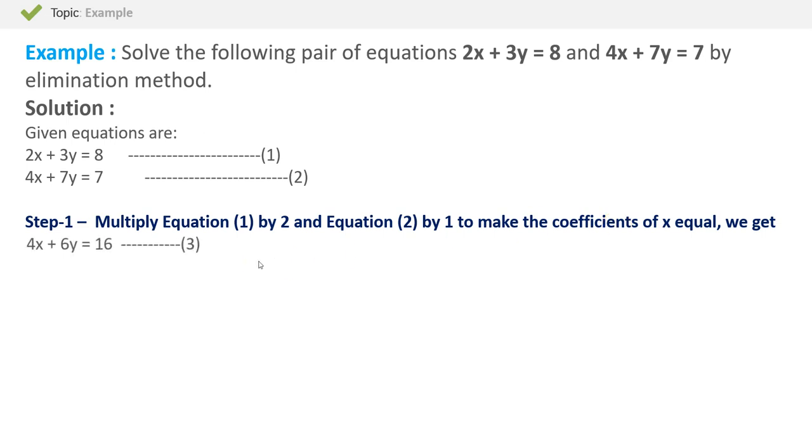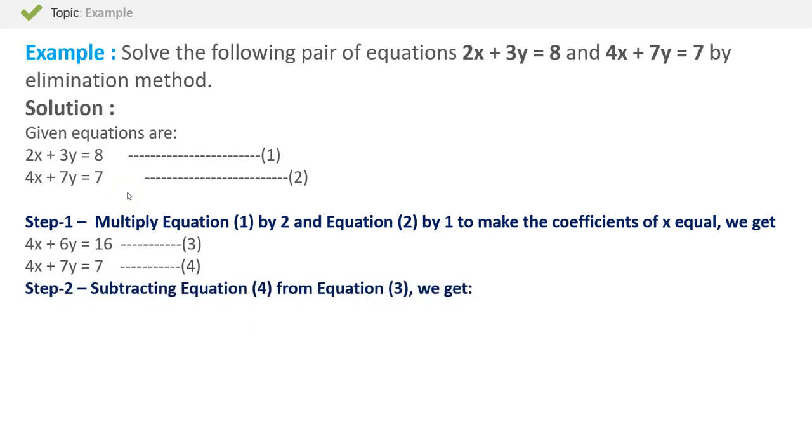So now what I'm going to get is 4x plus 6y equal to 16 when I multiply equation 1 by 2, and let's call this equation 3, and what I get is 4x plus 7y equal to 7 when I multiply equation 2 by 1. Now this step is not needed because multiplying by 1 is the same as equation 2 itself. So if you need, you can just ignore this step.